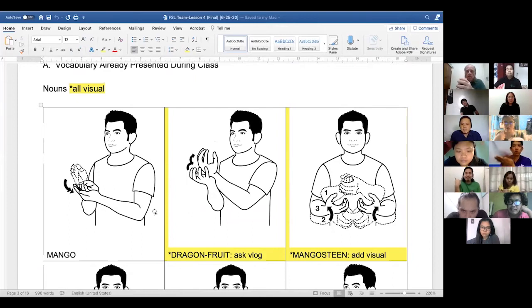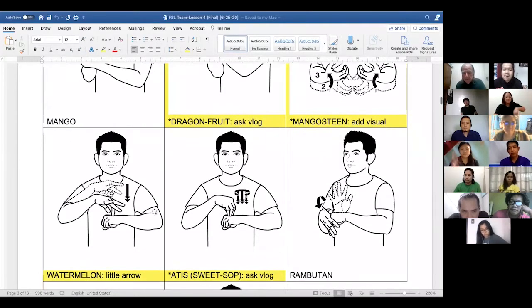But again, this is not too sure. This is one of the signs that we're not too sure of because it's a newer term. I'm not gonna correct the sign itself. You need to do that, but I'm only going to see if I can make it from the picture. Okay, so mangosteen. All right, let's see if I can.